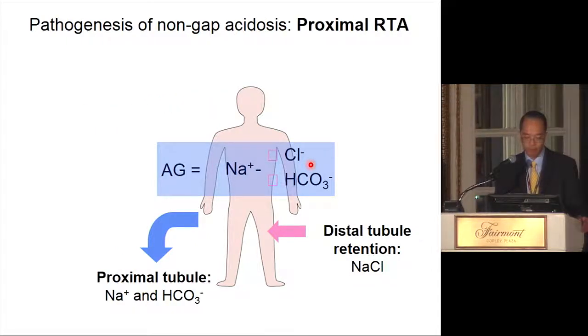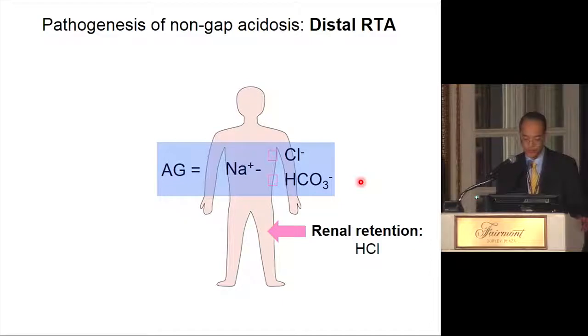So all of these are basically saying that if you don't add any exogenous anions, your anion gap should remain unchanged. Similar things apply in proximal RTA, that the proximal tubule will be wasting sodium and bicarb. Distal tubule might attempt to compensate by retaining the sodium with chloride, but regardless of how we juggle these three ions, they would remain in the same proportion, and there'd be no change in the anion gap.